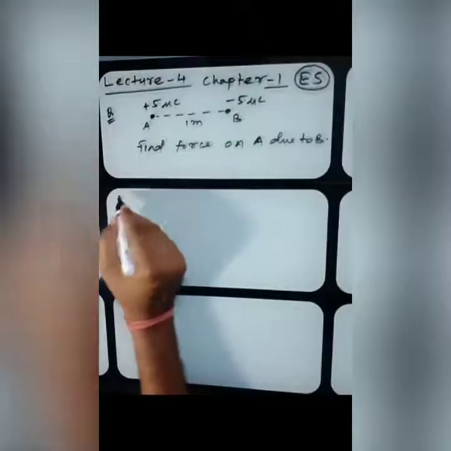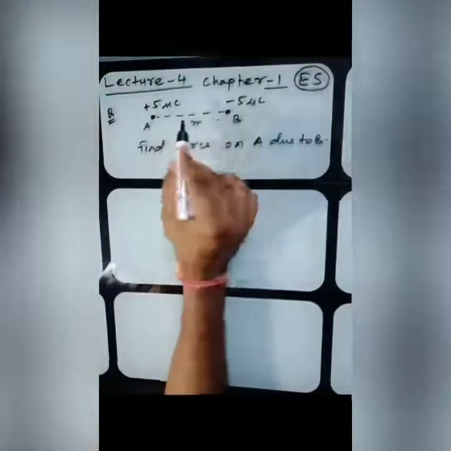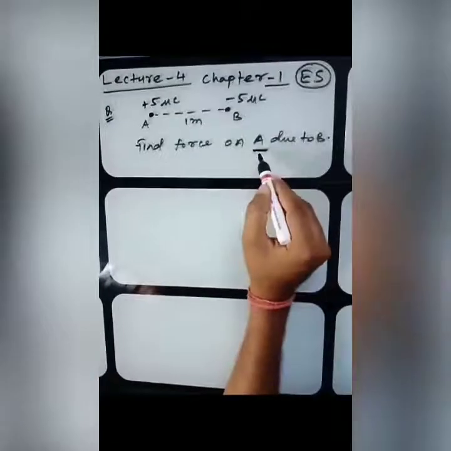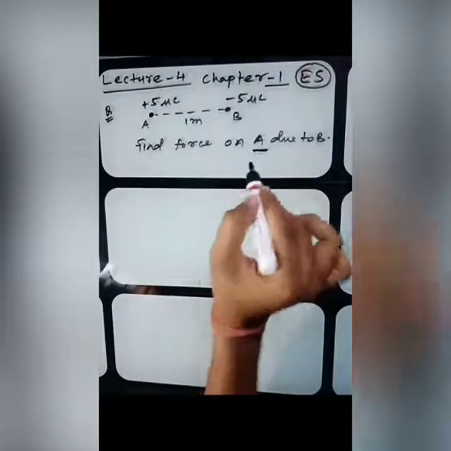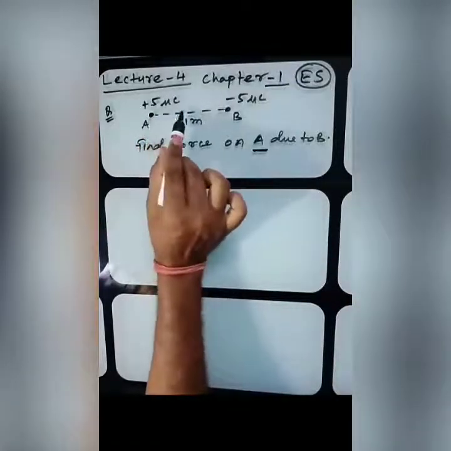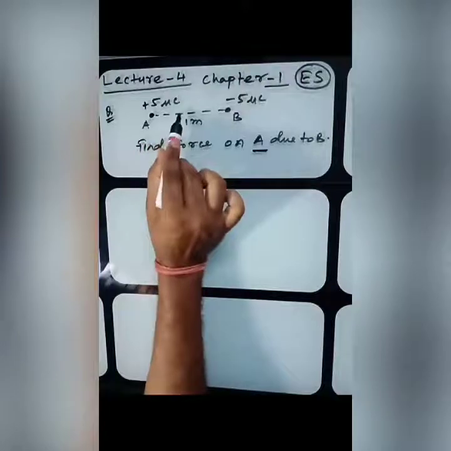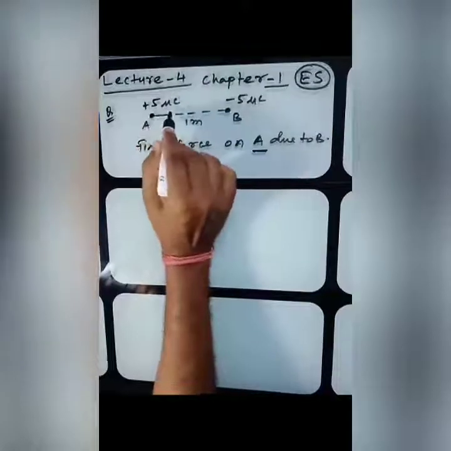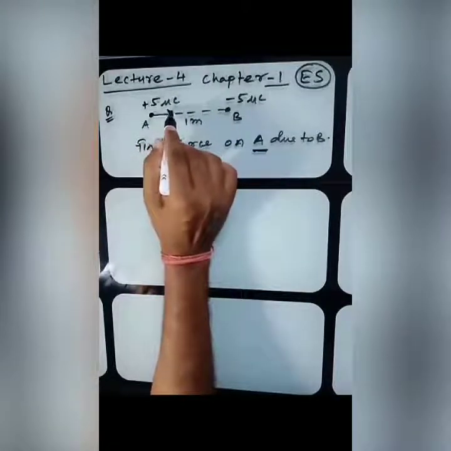Let's find the answer. As these two charges are opposite in nature and we have to find the force on A, first find the direction of force on A. This positive charge will move towards B. That is, B will attract the charge A and it will move in this direction. Sometimes students fail to find the direction.